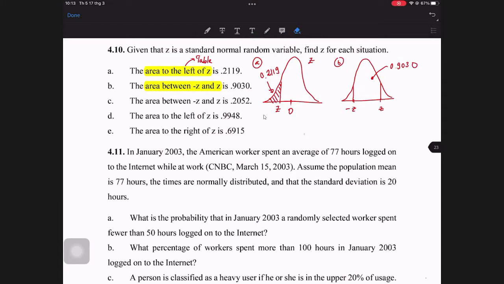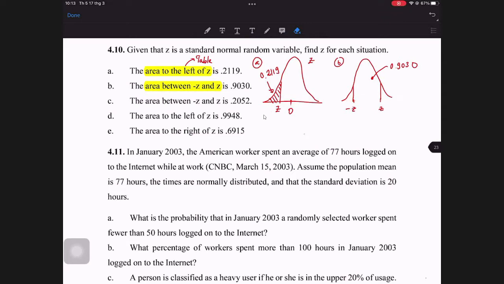So the idea is whenever you are asked to find the probability or the value of Z, we have to convert it into the area to the left. Now you have the area in between these two values. So what is the area to the left of the value? We can easily identify from this.